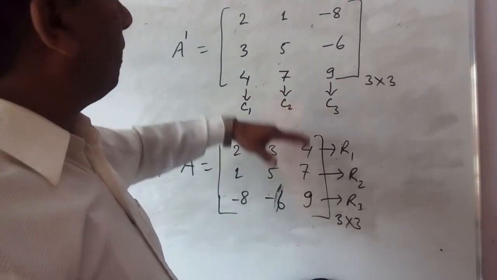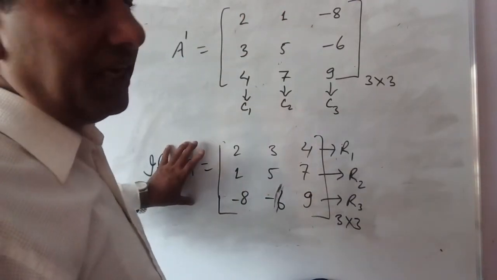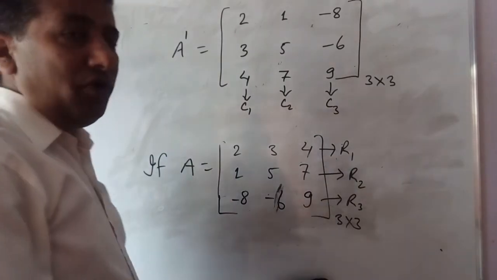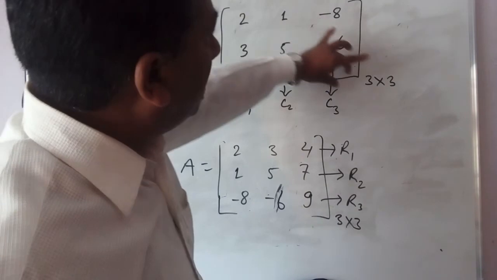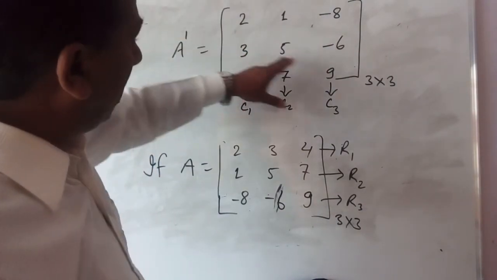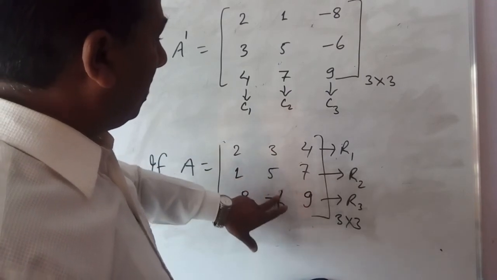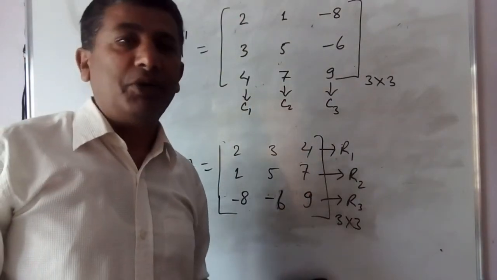Now here, this is the transpose of matrix A. When you find the transpose, remember that diagonal elements do not change. Here 2, 5, 9, 2, 5, 9 remain the same. There is no change. This is the meaning of the transpose matrix.